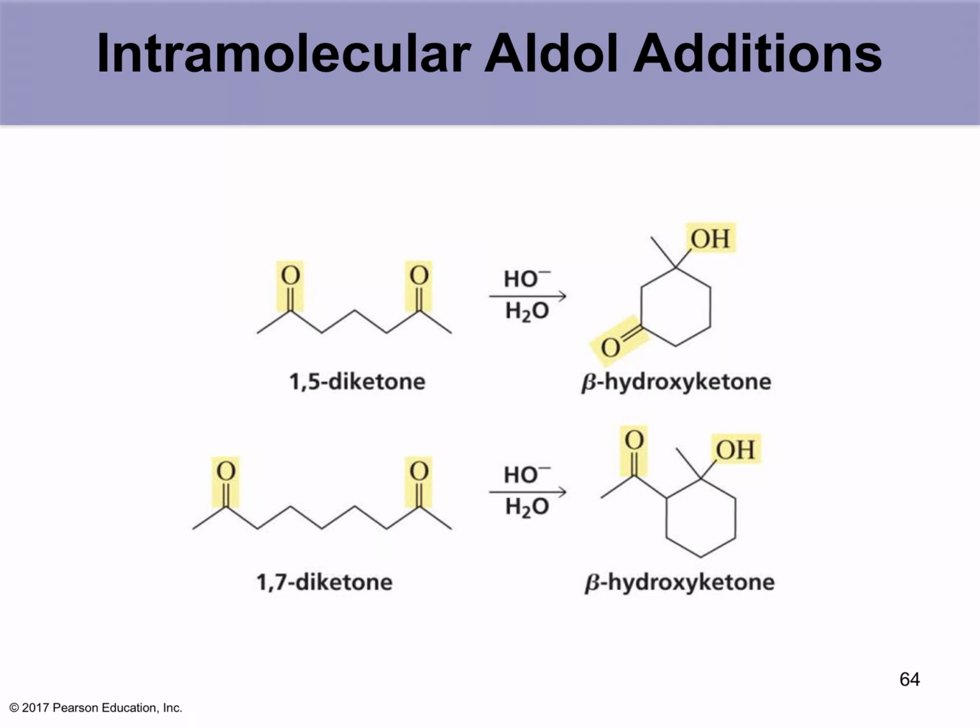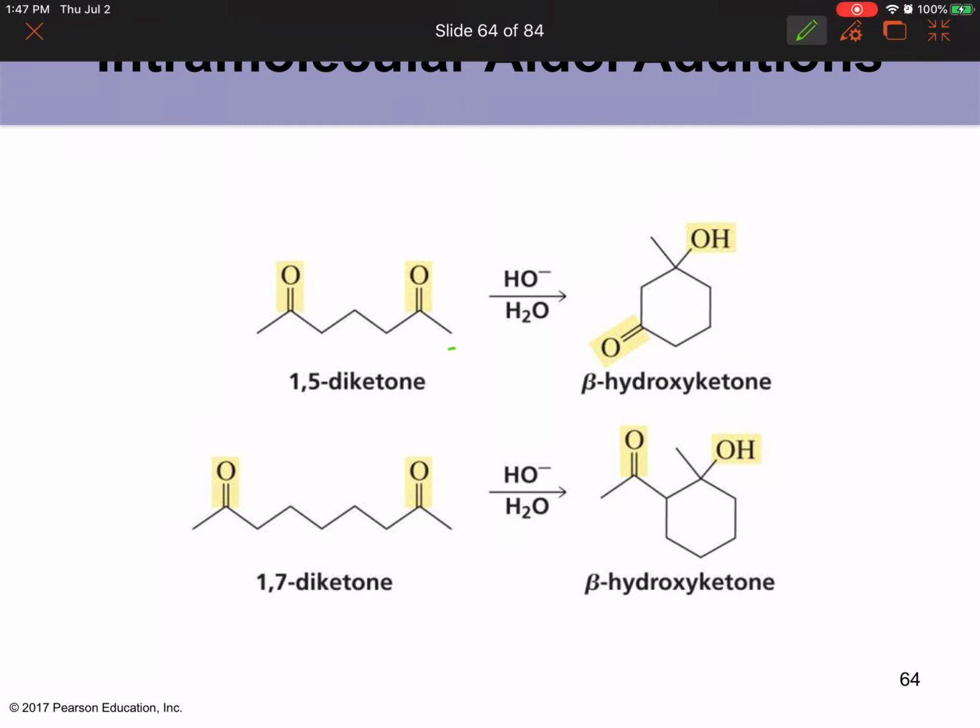Another example of intramolecular aldol. When you have a 1,5-diketone, you can form the carbanion here and then form the bond here. So then you will have 1, 2, 3, 4, 5, 6-membered ring. That's what in fact has been formed, a beta hydroxy ketone. How is this being formed? You form the anion here, and this attacks this one.